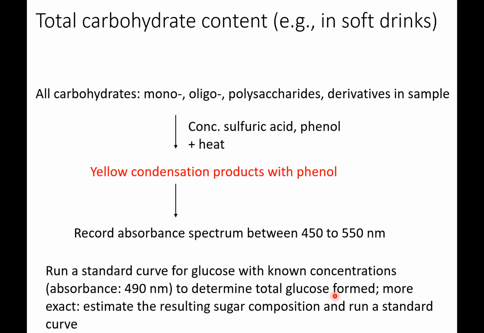It would be better, however, if you had some idea, let's say you know you have pectin or alginate or whatever, that you use a closely related sugar composition to make the standard curve. So if you have a dominant, let's say alginate, you'll go with the sugar combination and get a standard curve with this. That would give you a better standard. But if you don't have any idea, use glucose. Again, it's kind of labor intensive.